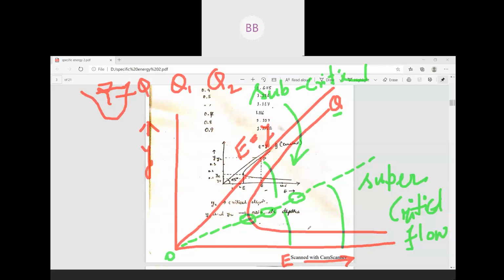The depth of flow in supercritical is less than your critical depth, because this is your E minimum, the minimum specific energy. Corresponding to that energy, we have the critical depth of flow. So all the depths of flow in supercritical are less than your YC, and here vice versa, they are greater than your YC.